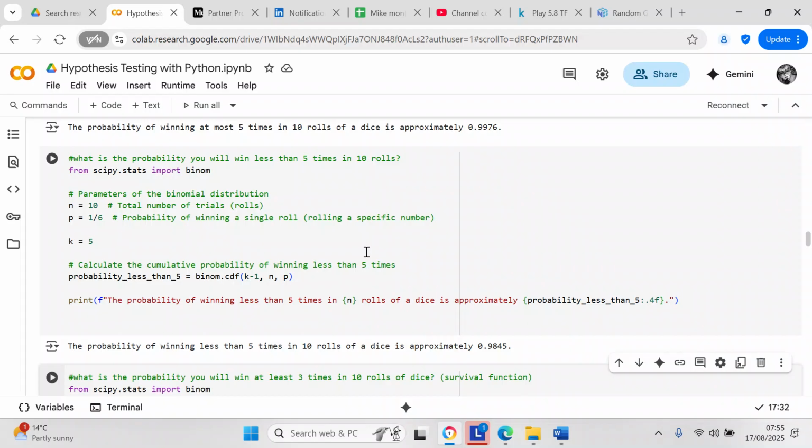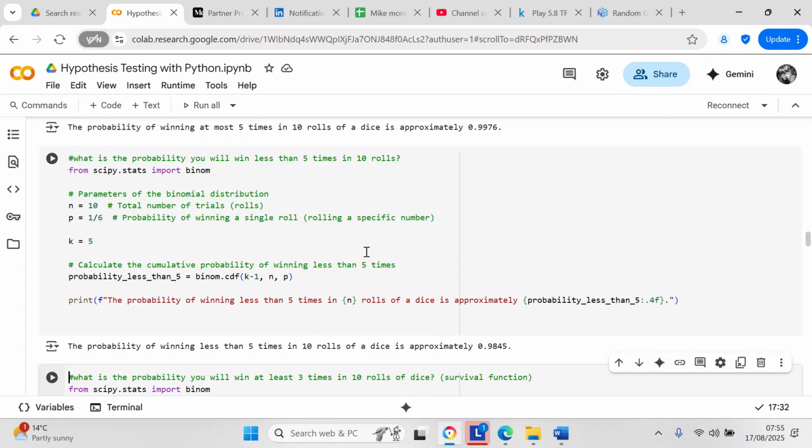So probability less than 5 equals binom.cdf, that's cumulative distribution function, brackets k minus 1, so that's 4, comma, n equals 10, comma, p equals 1 divided by 6.